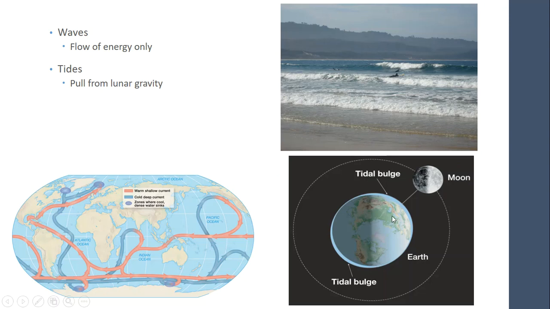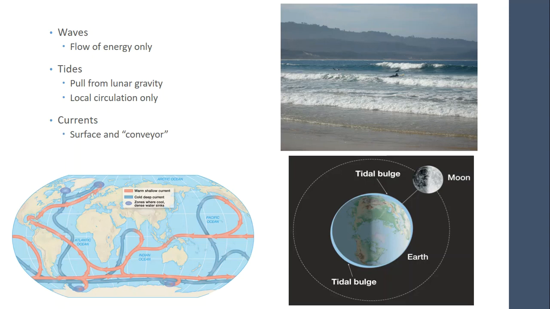So you have the moon, its gravitational pull is pulling the water from the sides of the planet. And then this water over here is also high tide because it's not being pulled like this on the sides. So important to remember, our tides are caused by a pull from lunar gravity. So it depends on where the moon is. They affect local circulation of water only, right? They don't push water around globally.